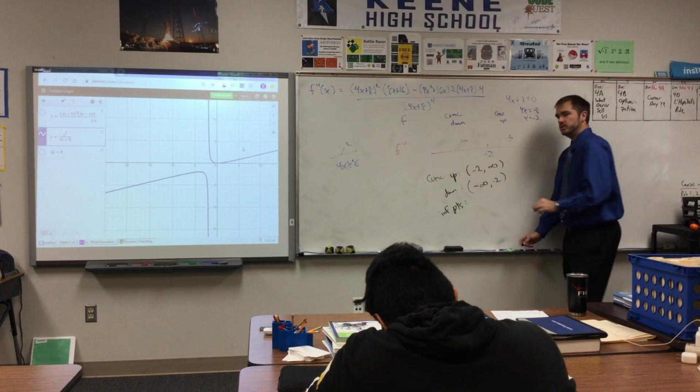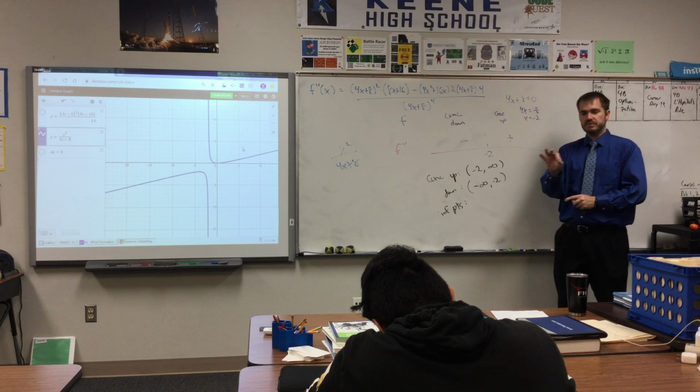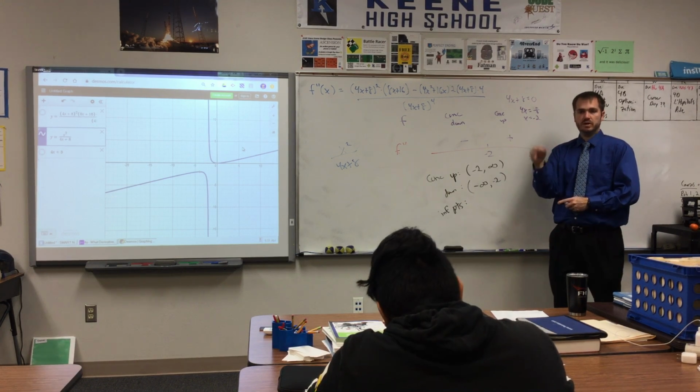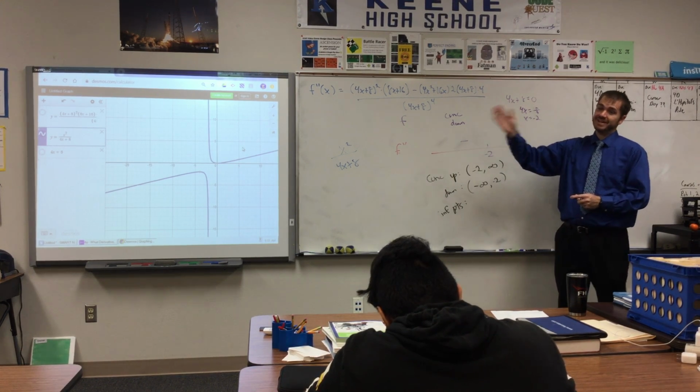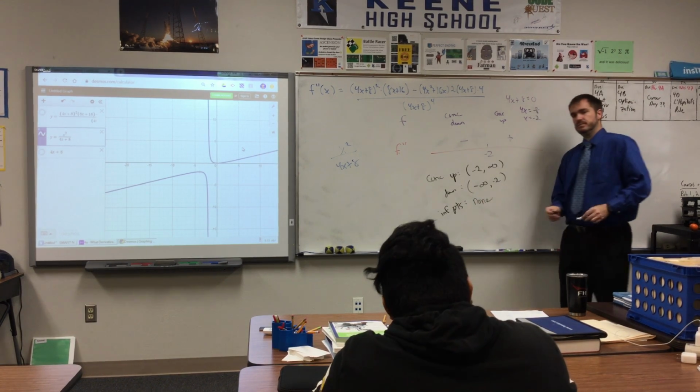Inflection points, you might say, oh yeah, inflection point at -2. No, it's not, because an inflection point has to actually be a point on the graph, and -2 does not exist on our function. So, none.